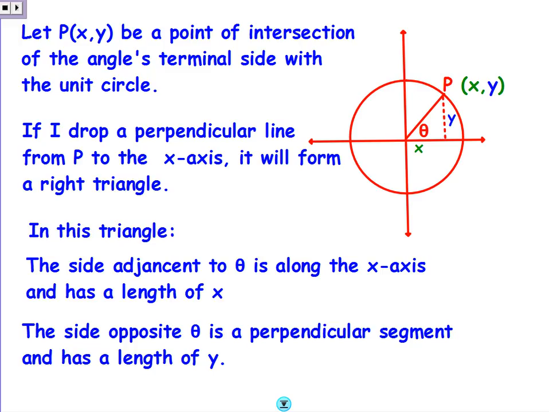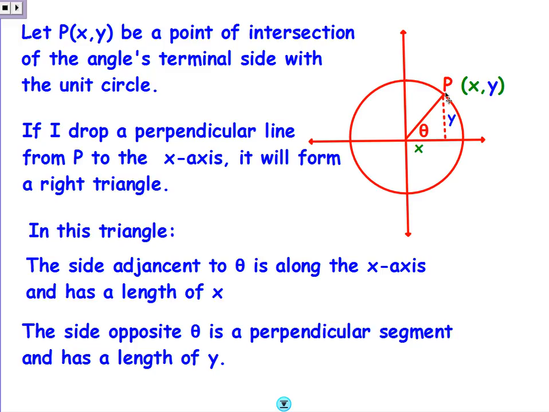We are going to let this point P be x comma y, right? All points are an x and a y. We're going to let point P be the point of intersection of the angle's terminal side with the unit circle. Remember we talked about initial side and terminal side?